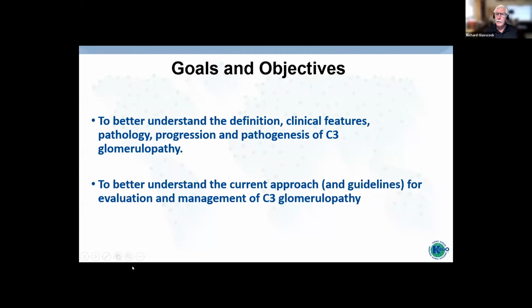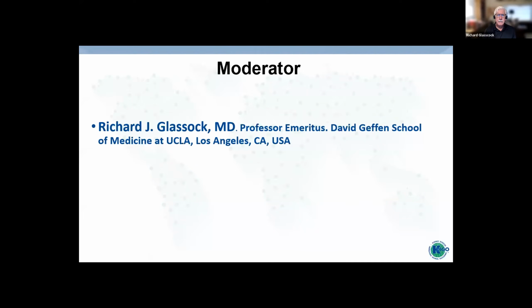There are 2 goals and objectives of this session: to better understand the definition, clinical features, pathology, progression, and pathogenesis of C3 glomerulopathy, and to better understand the current approach and guidelines for the evaluation and management of C3 glomerulopathy.